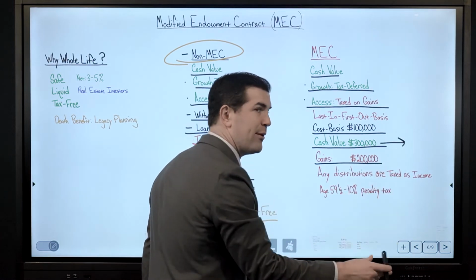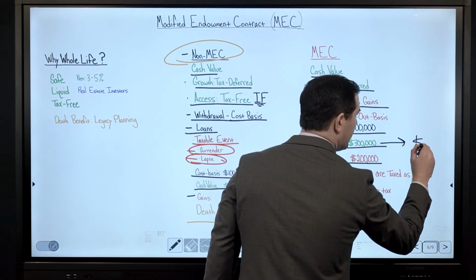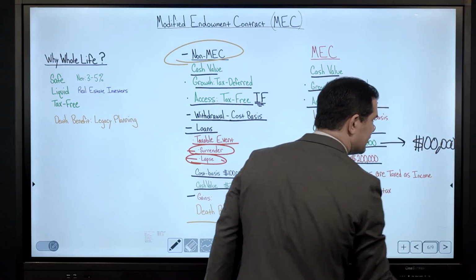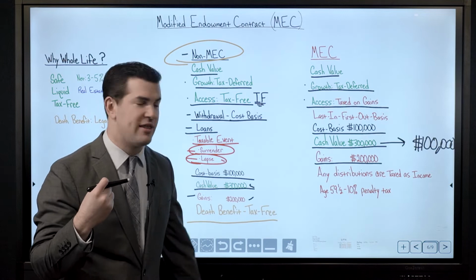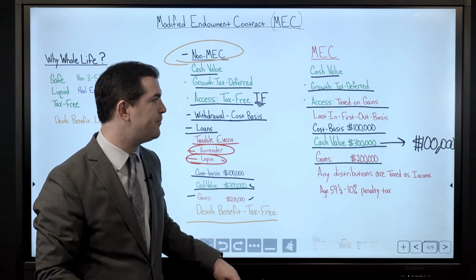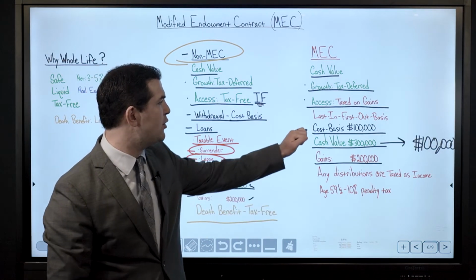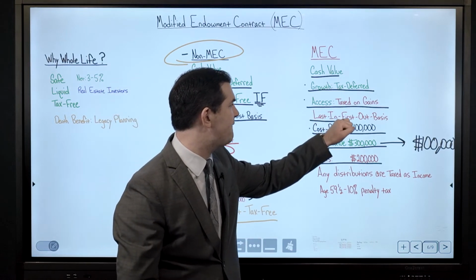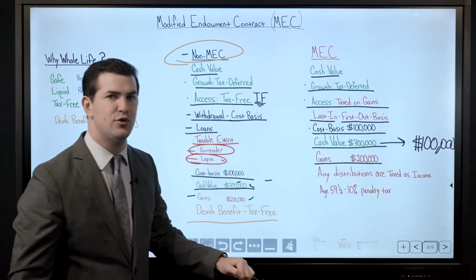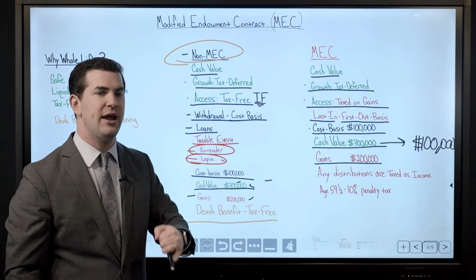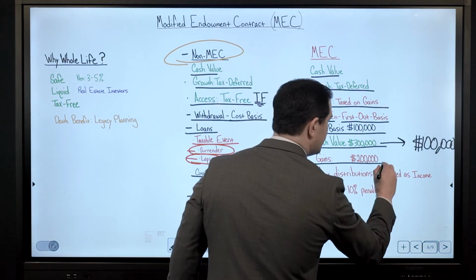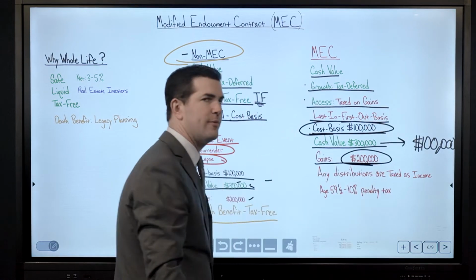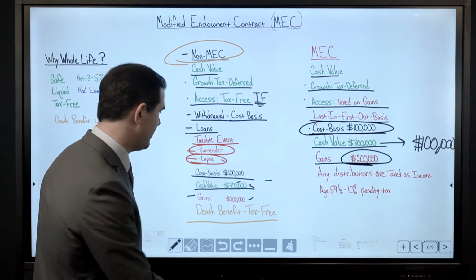You say, hey, I want to pull out $100K to purchase a piece of property, or I just want to pull that amount of money out as income. You would be taxed on that. Even though it's your cost basis, you're taxed on a last in, first out basis. So the gains will be taxed first, and then once you've pulled out $200K total, the last $100,000 in there would not be taxed as ordinary income.